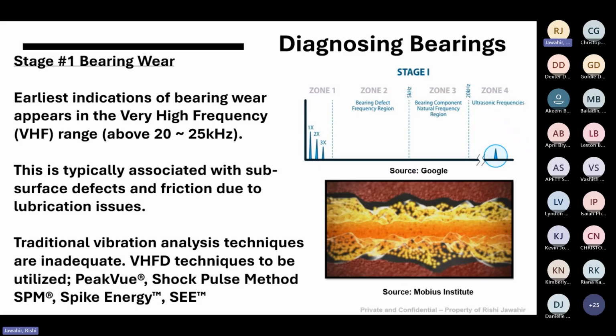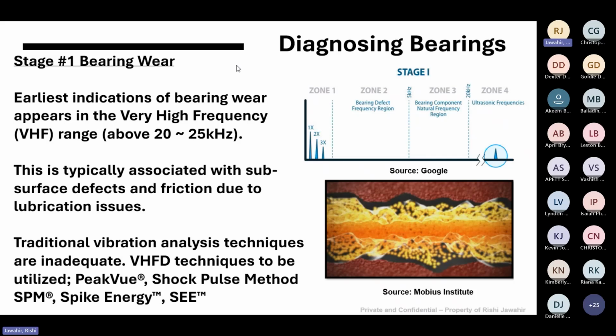What it means is that there is friction occurring between the rolling parts of the bearing. And those who study vibrations know that friction generates very high frequencies, known as ultrasonic frequencies. As you can see, there's a small diagram on top, which is your vibration spectrum, and it shows you exactly what a stage 1 bearing failure may look like.